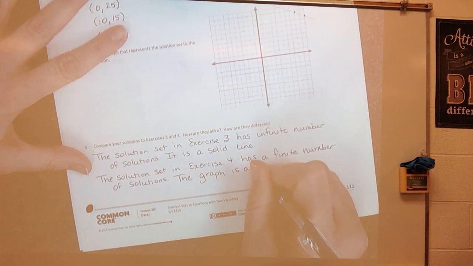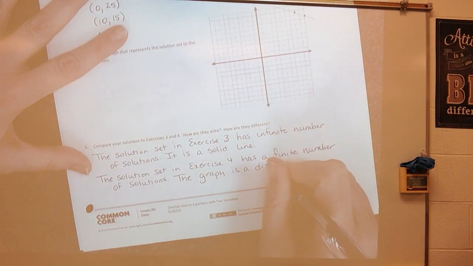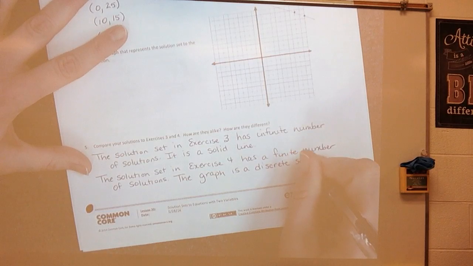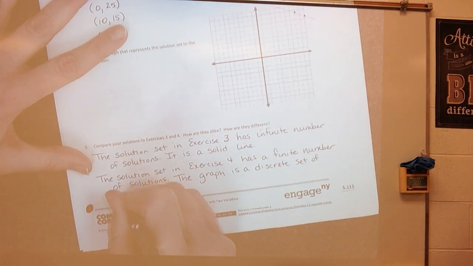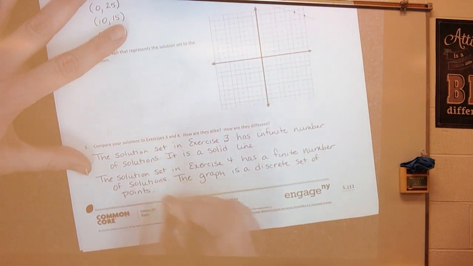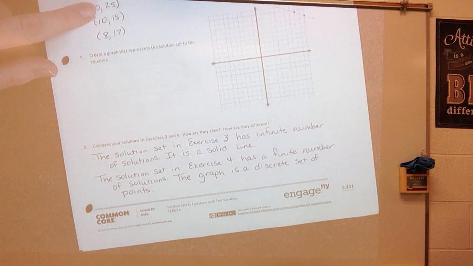I want you to understand that word. It is a specific set of points. 0, 25. I cannot say 2.5 because I can't have 2.5 songs by J-Lo. So it is a discrete set of points.